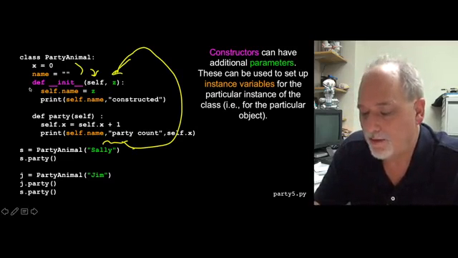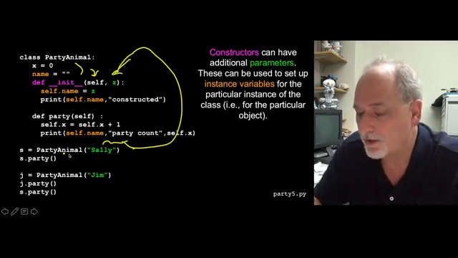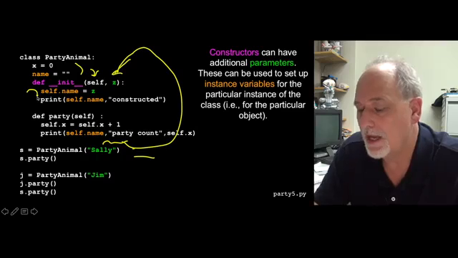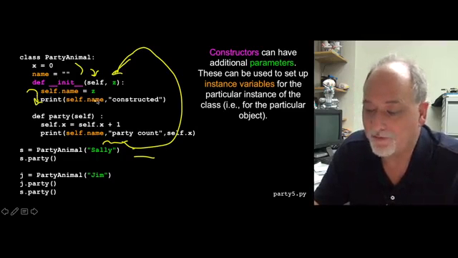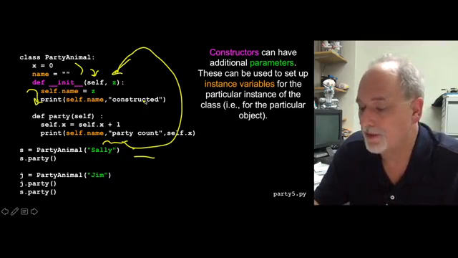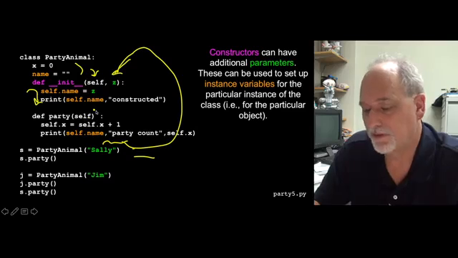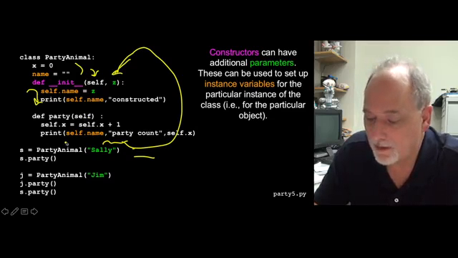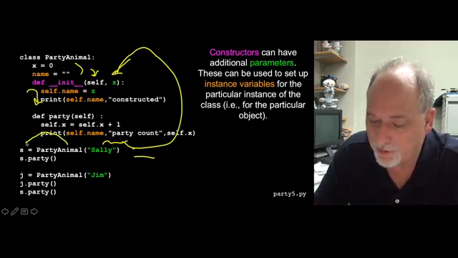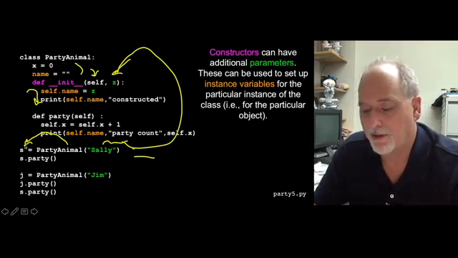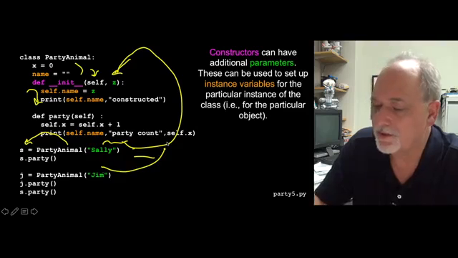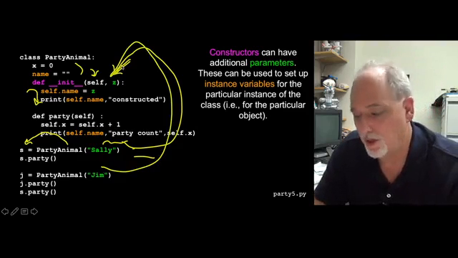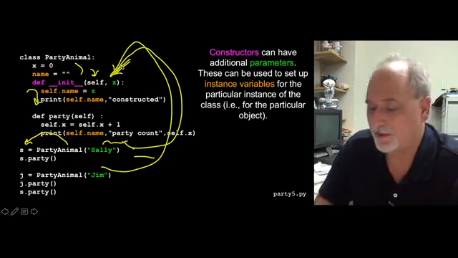And then that means that when we call this constructor, this line of code runs, and then name is no longer blank. Name is going to be Sally in this particular case. And then I'll say self.name, which will be Sally, has been constructed. And so then that object is now constructed, and we put it in the variable s. And then we call the party method on that, and we construct a different one. And so this time z is Jim, and we basically have another copy of this.